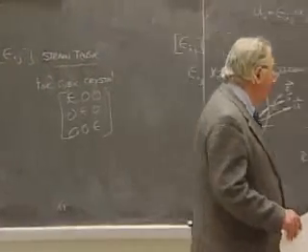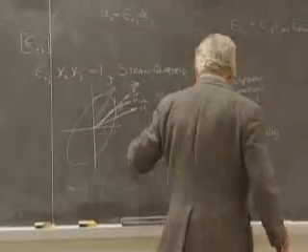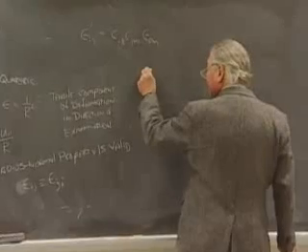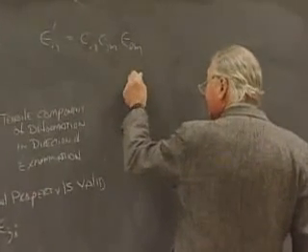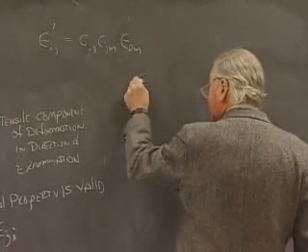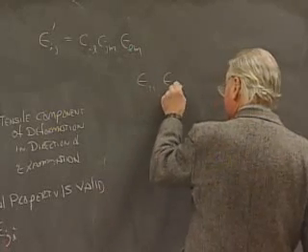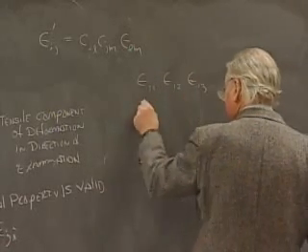Finally, because there is a quadric, we can change that by finding eigenvectors and eigenvalues. Take a general form of the tensor, epsilon 11, epsilon 12, epsilon 13, and so on.